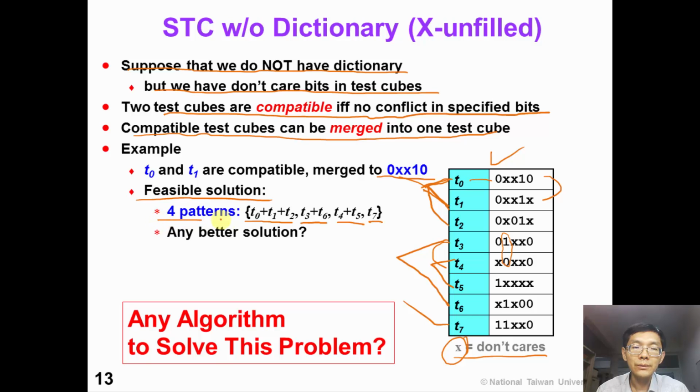This results in 4 test patterns. Can you find any better solution? What's more important, can we have any algorithm to solve this problem in a systematic way?